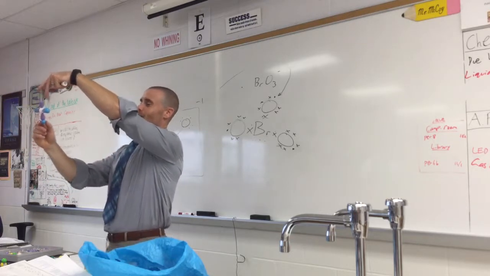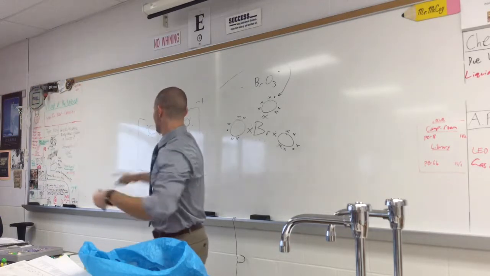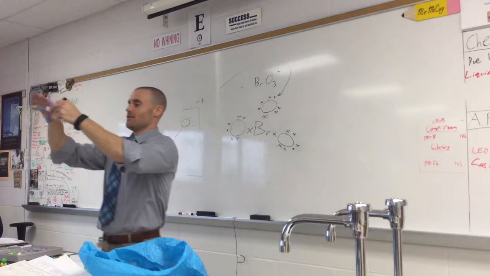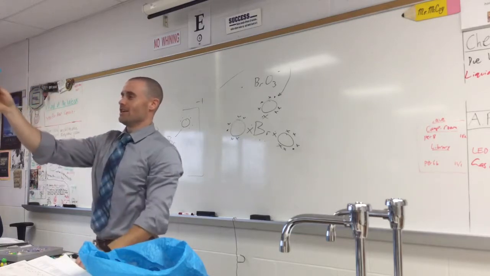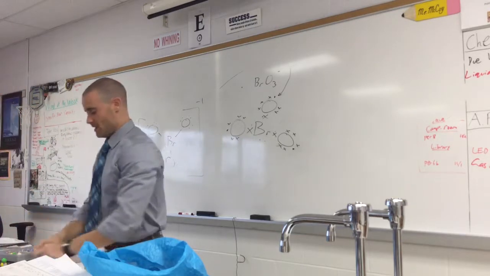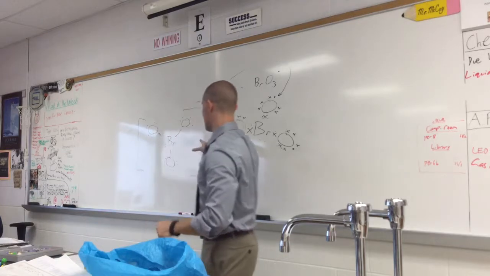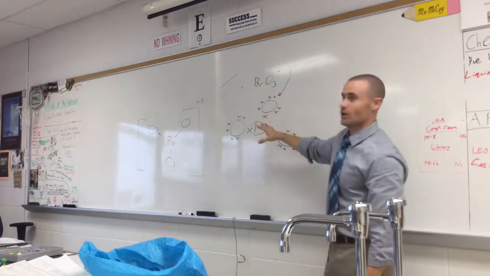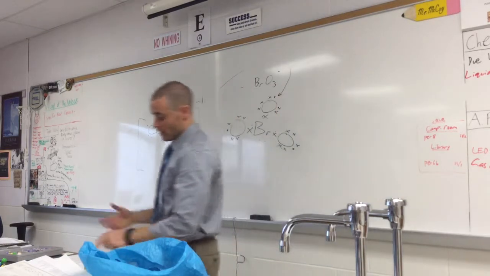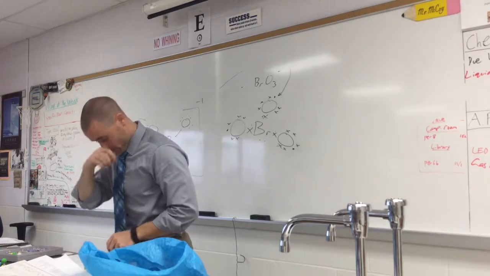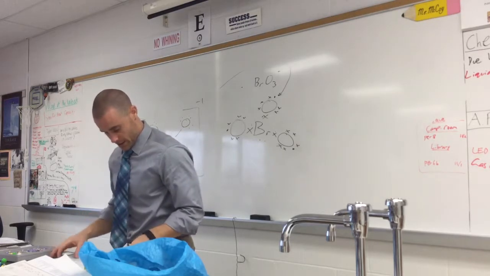Here's your electron pair. The electron pair up top repels the bonds and smushes them, so it kind of looks like a T. We'll talk more about the shapes down the road, but that's a more complex dot structure.